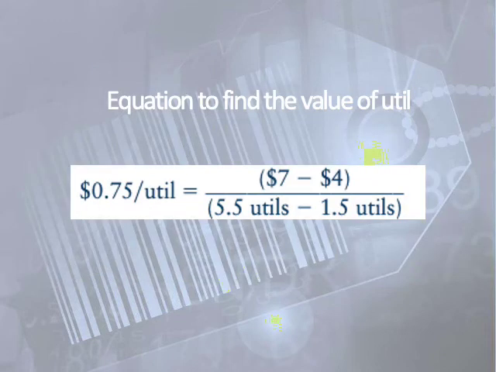Okay, so I have here the equation to find the value of utils. Since you are done with finding out the utility or the utils that your participants assigned on specific product formulation, it is now time to put value on the util.